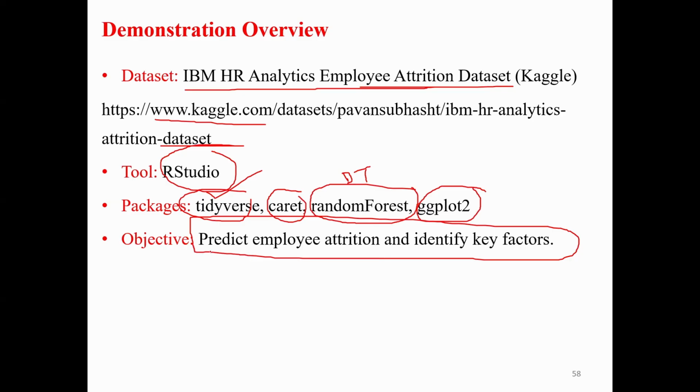So here there are two objectives. You just clearly see the two objectives. First objective is to predict the employee attrition rate. Second thing, identify the key factors. If your objective is clear, then I can move to the next slide.